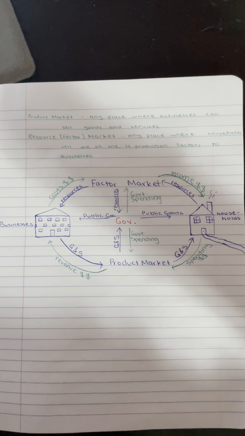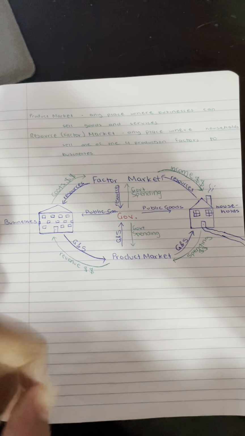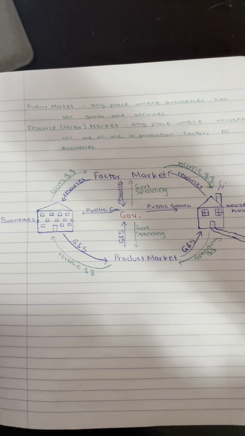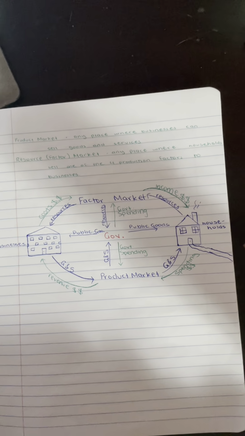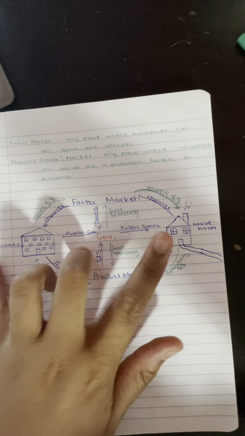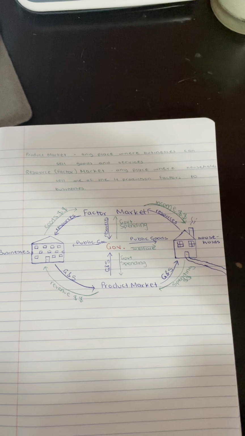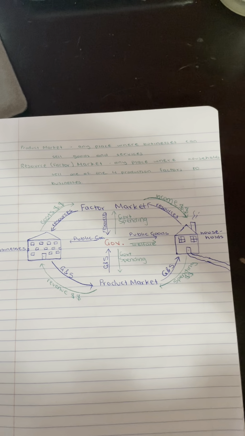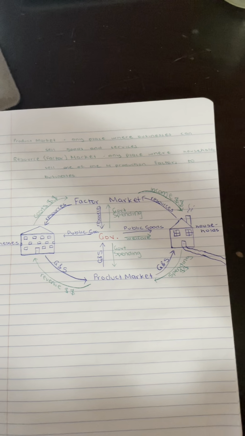And then the public goods are stuff like roads, and just like public goods, basically. And the government supplies these to both businesses and households. The government also gives households welfare to decrease poverty on a bigger scale.